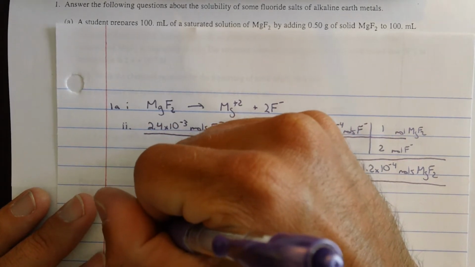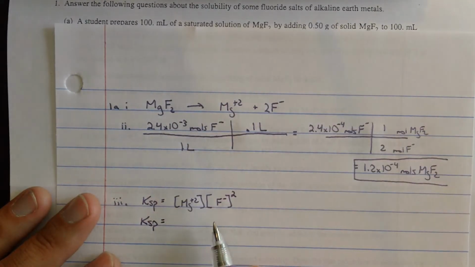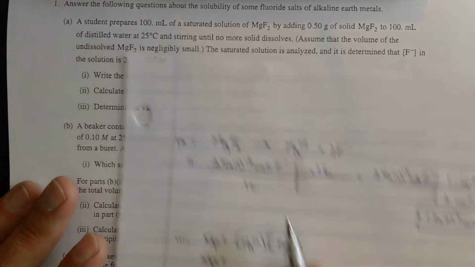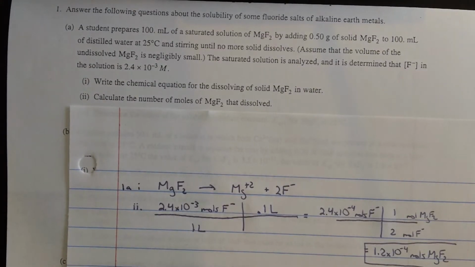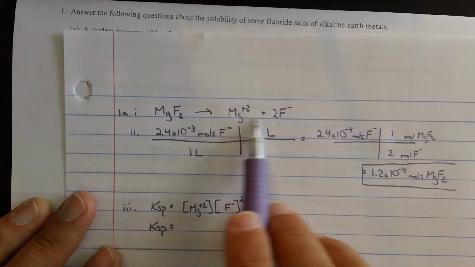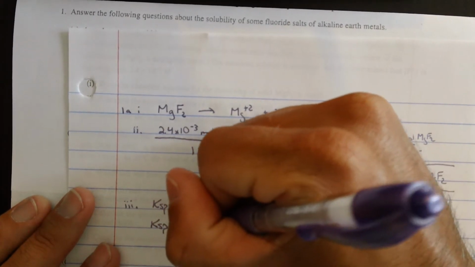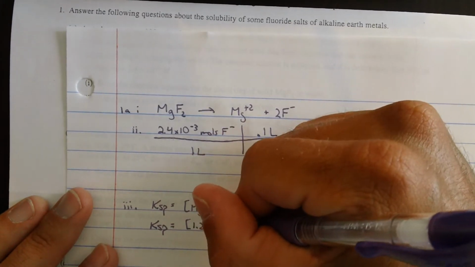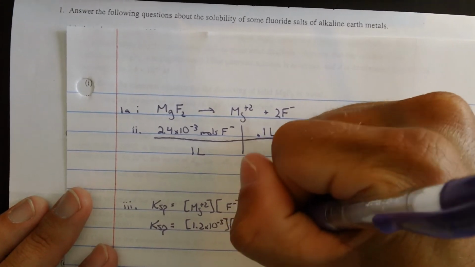So KSP is going to equal the fluoride ion concentration they fed me early on in this thing. They fed me this 2.4 times 10 to the negative third in the question. And so what's magnesium going to be? Magnesium is going to be half that much. And so we're going to have 1.2 times 10 to the negative third here for that concentration, and 2.4 times 10 to the negative third there.